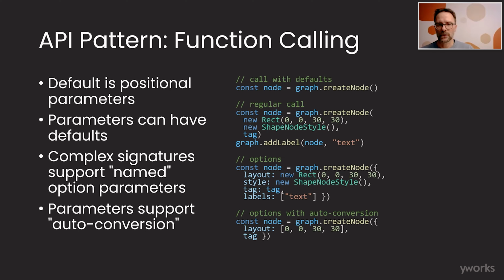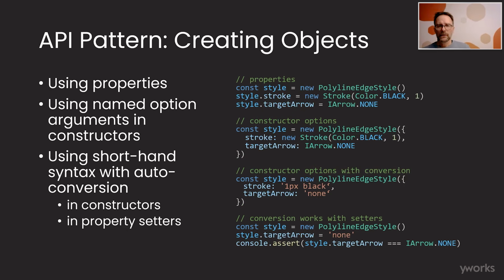shorthand object, basically. It's the very same thing when you create objects. So when you call a constructor, it's basically like function calling. If you create an object, what you can do is create the object and then assign the properties.